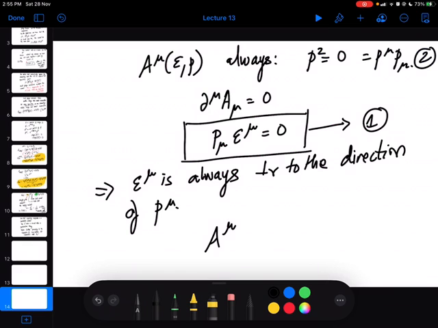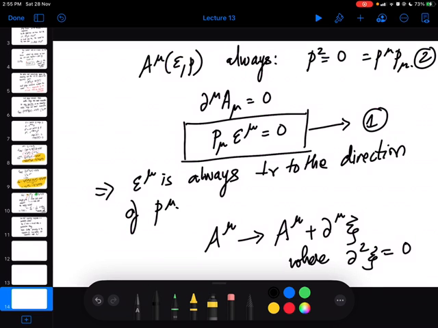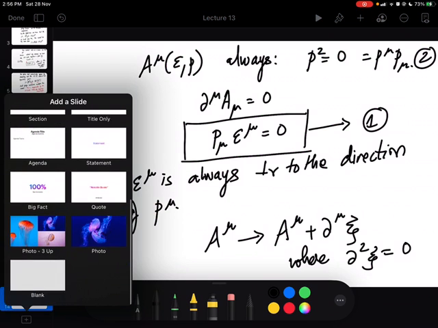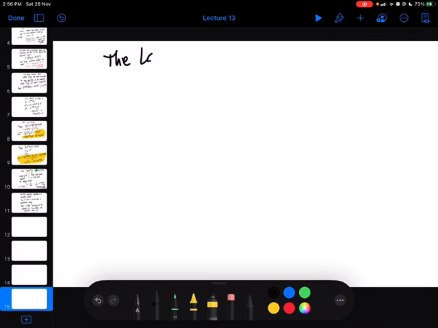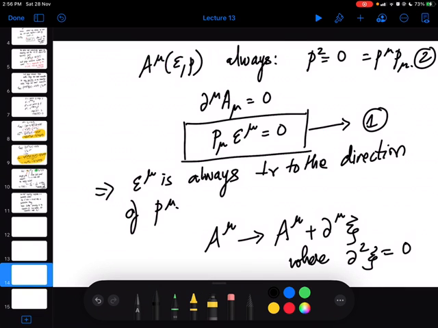This is the classical condition which you know: if you replace A_μ with A_μ plus ∂_μ ζ, where ∂²ζ is equal to 0, then as long as this is true, the Lagrangian is invariant. So A_μ is not a unique solution.